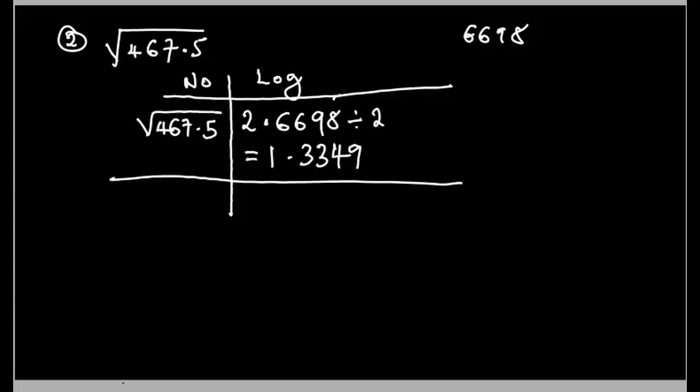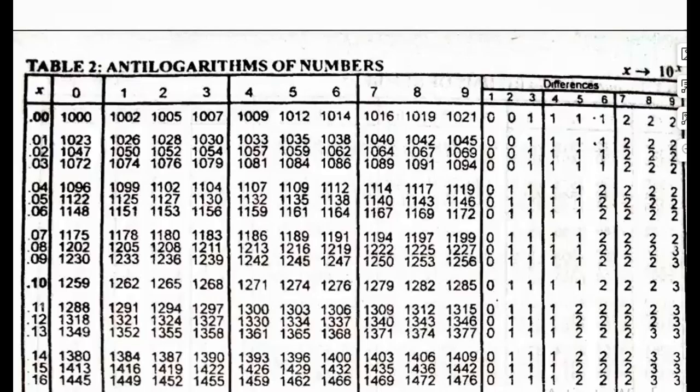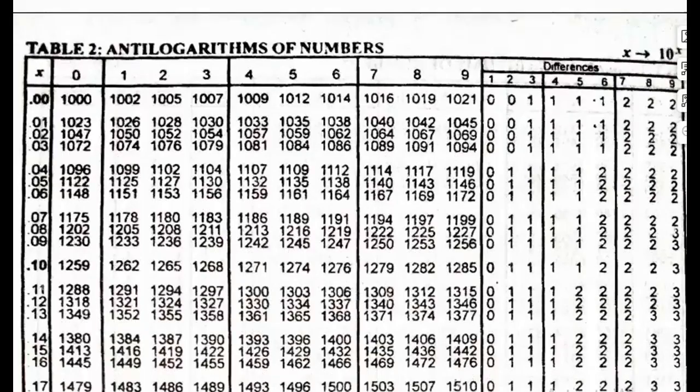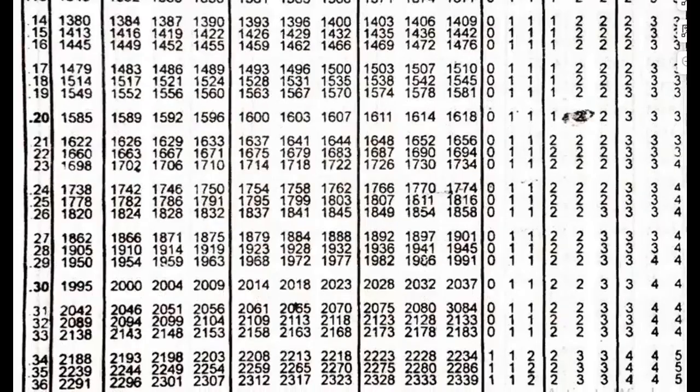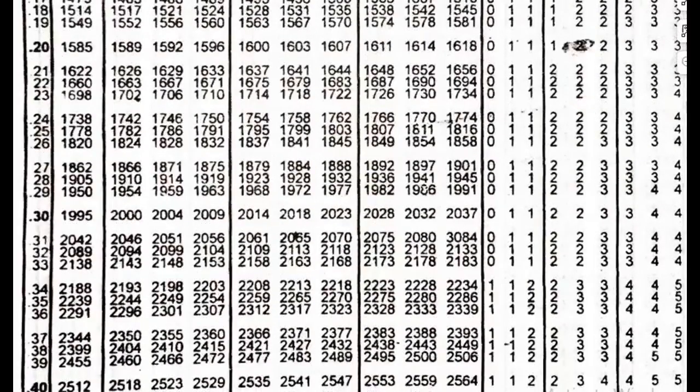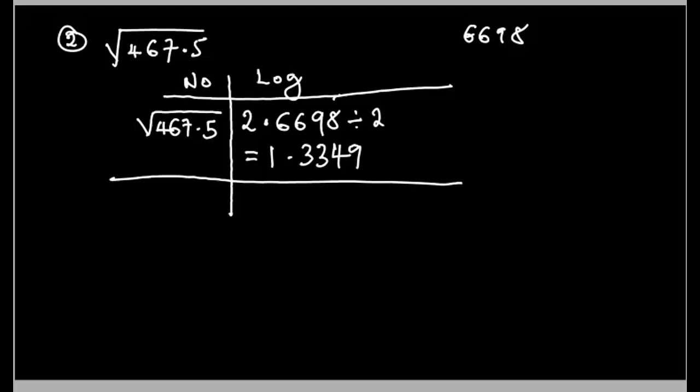From the table, 0.33 under 4 difference 9 is 2158, difference 9 is 4, so when you add, you have 2162. So we have 2162. So one more step.